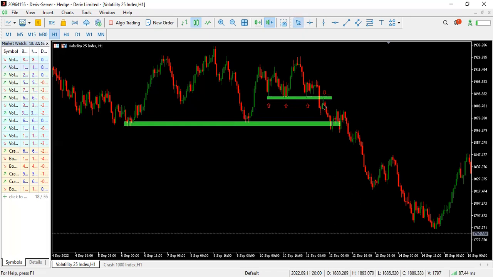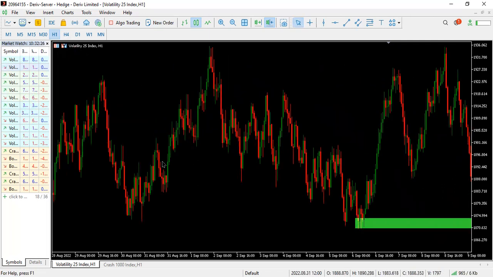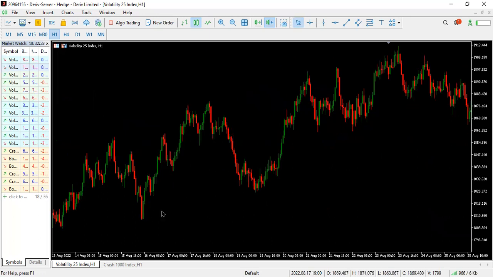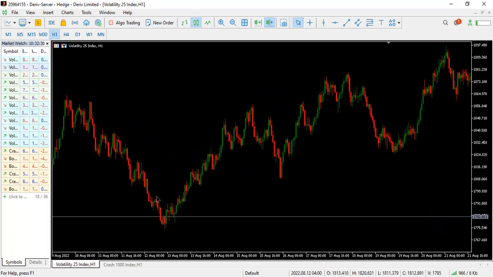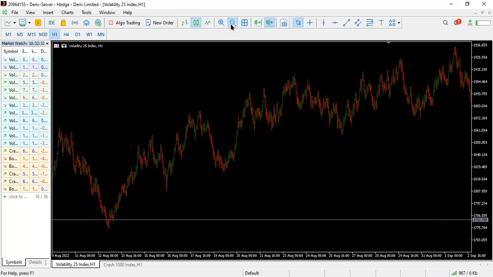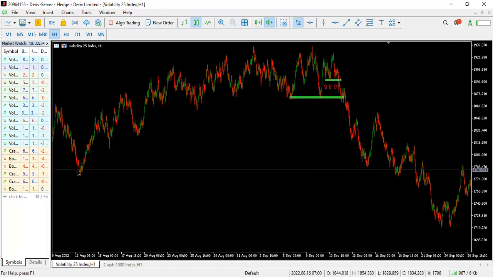Even though the risk to reward is going to be small, this one is where your first take profit is going to be. And then you go to your left-hand side to look for where you're going to put your second TP. Roughly, you can see here, let's just zoom out. You see this level.